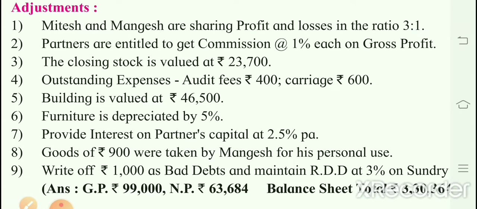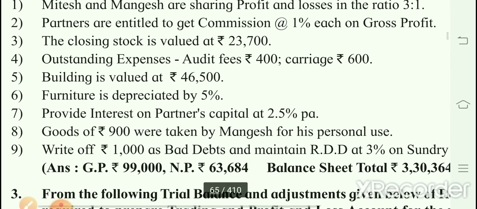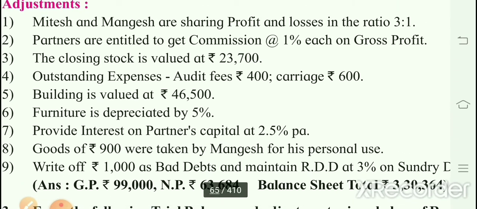After calculating gross profit, we will consider this adjustment. See third adjustment. The closing stock is valued at rupees 23,700. 23,700 as closing stock will be recorded on the credit side of the trading account, and the second effect on the asset side.